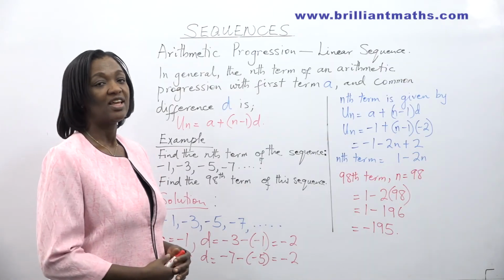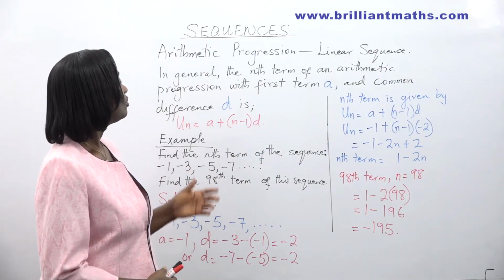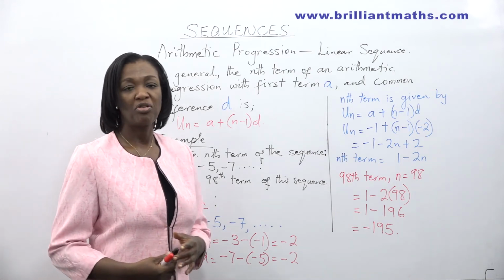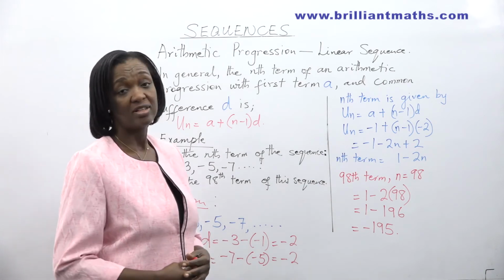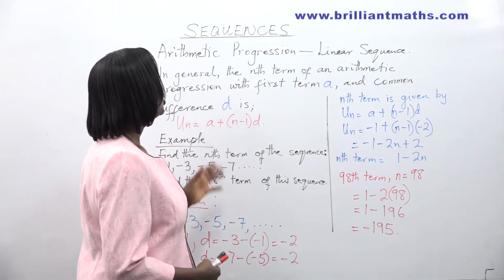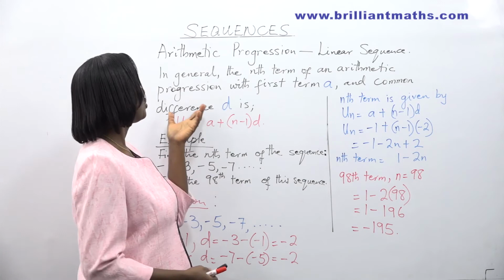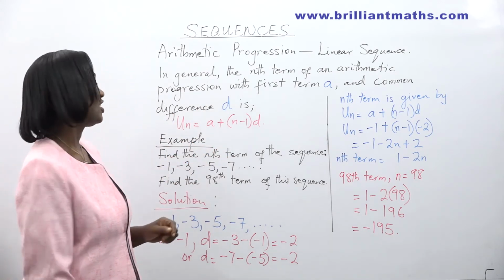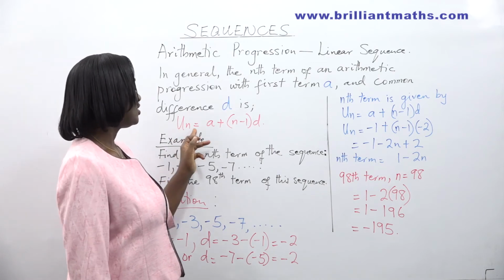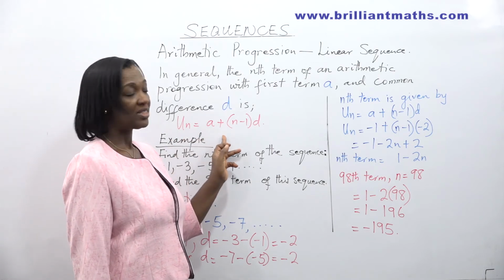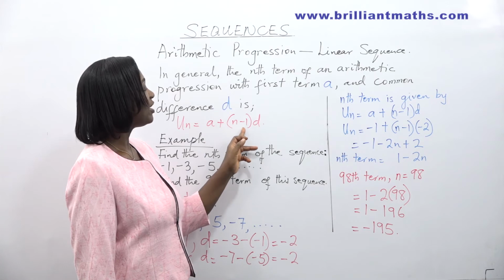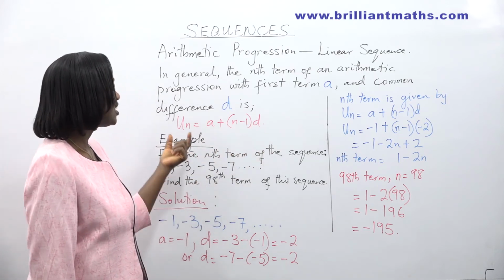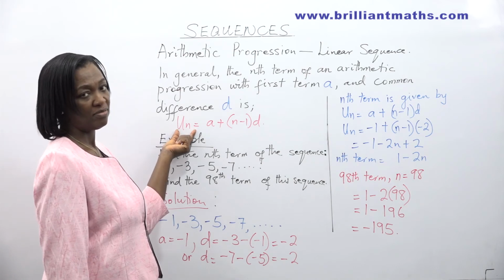Let's look at this example. We're looking at arithmetic progression. Arithmetic progression is a kind of linear sequence. In general, the nth term of an arithmetic progression with first term a and common difference d is un is equal to a plus n minus 1 times the difference. n minus 1 is just the term before the nth term.